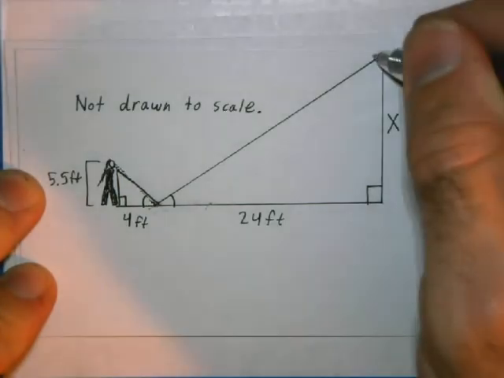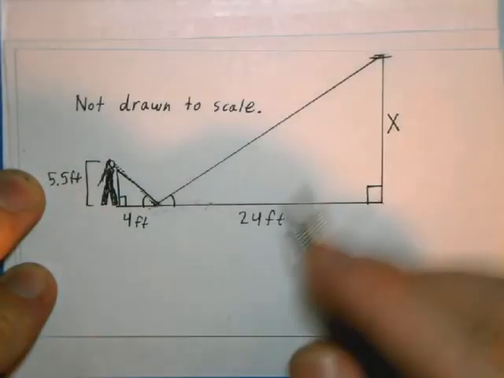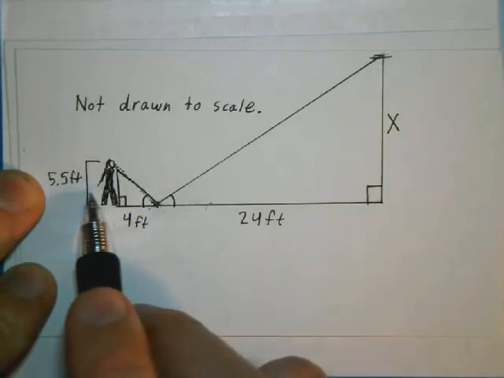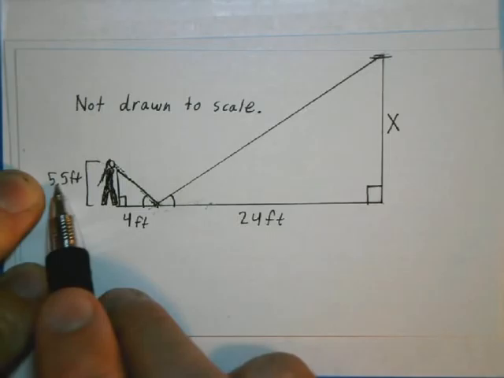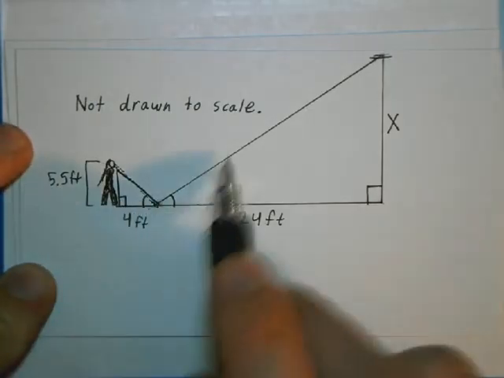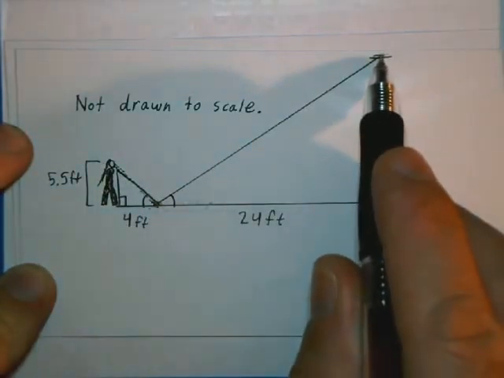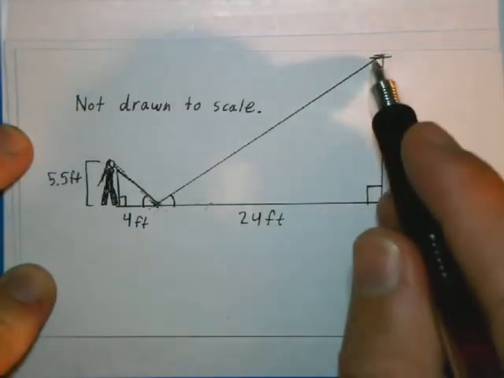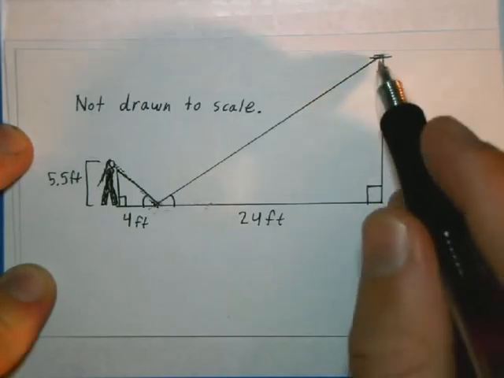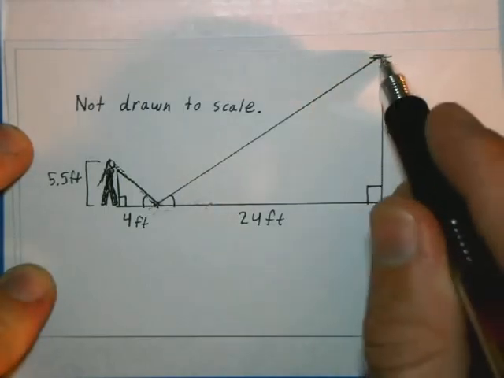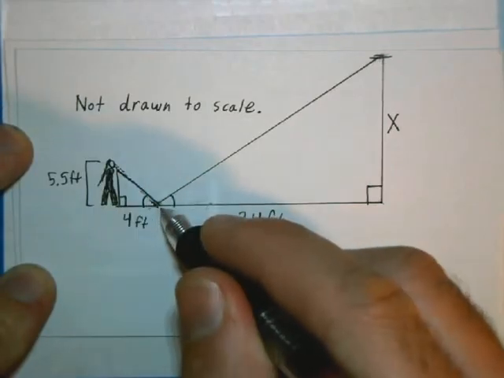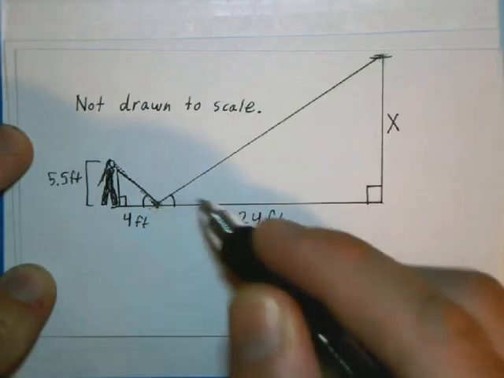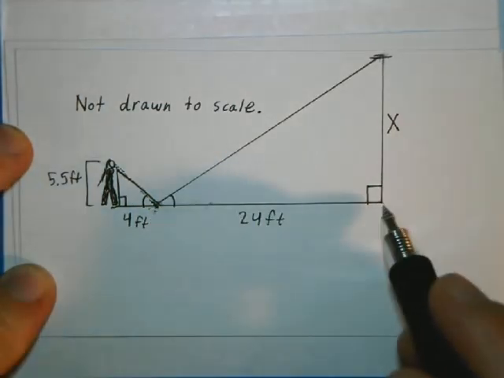So if this is the ceiling up here, and you place a mirror here, then you start walking backwards. As soon as you get to a point where you can see in that mirror the top of the wall, then you would stop and measure the distance from you to the mirror, and then the distance from the mirror to the wall.